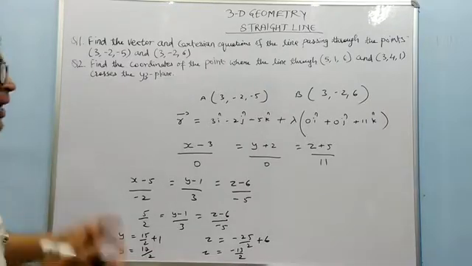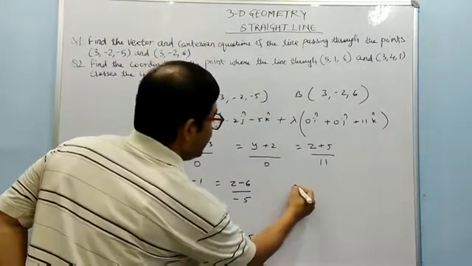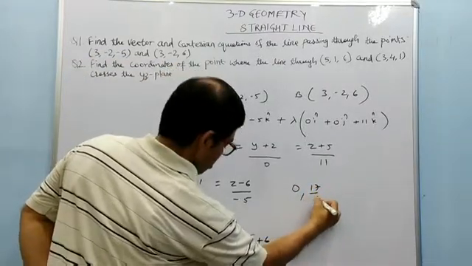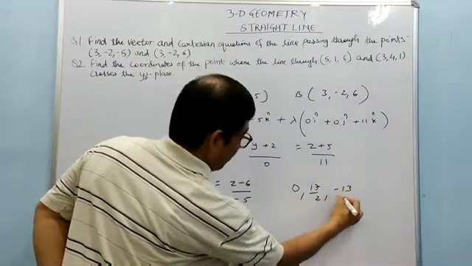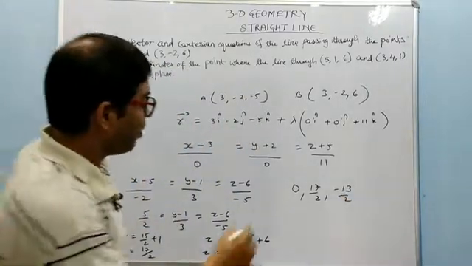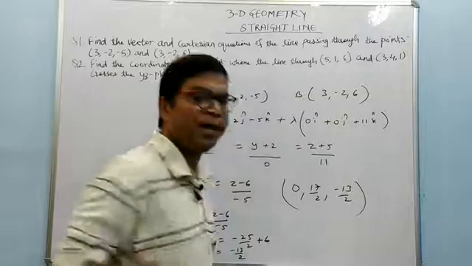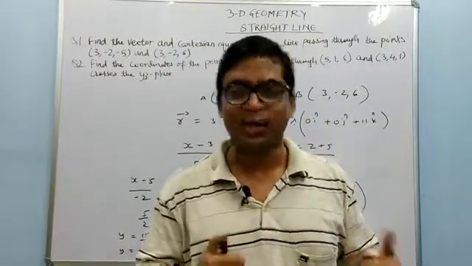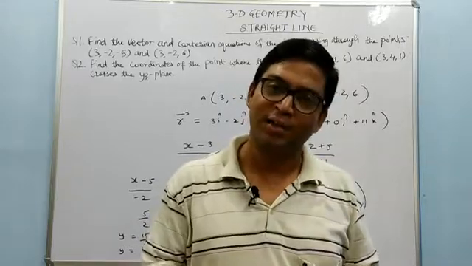So the point where it is cutting the YZ plane is (0, 17 by 2, minus 13 by 2). So this is the point where it is cutting the YZ plane. Hope you are now conversant with the different forms of a straight line, the Cartesian form and the vector form.